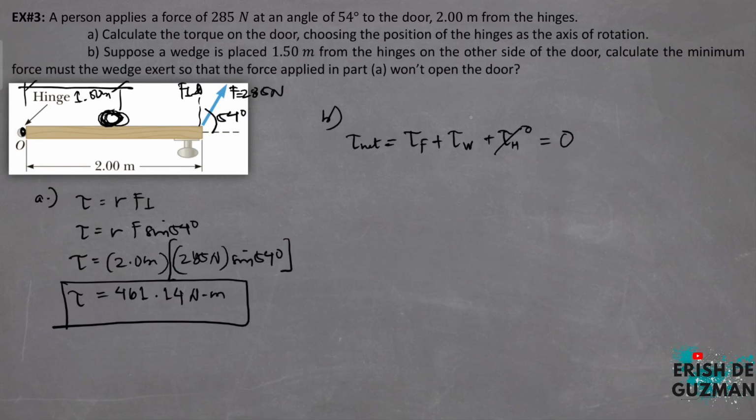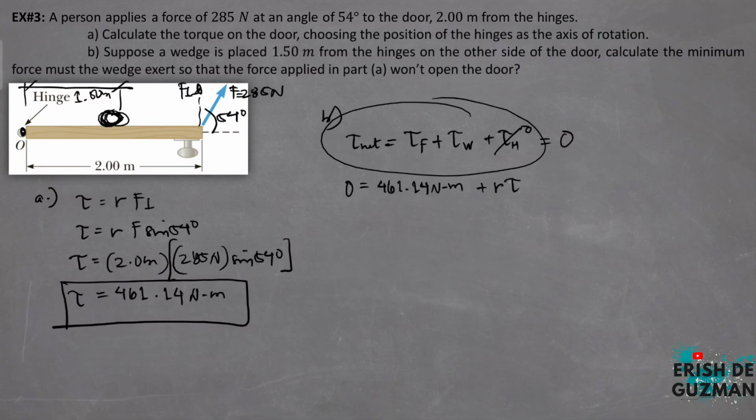Again, using this equation na 0 yung net torque, 0 equals yung torque ng force applied is 461.14 Newton meters plus yung torque ng wedge, radius ng wedge, we have 1.5 meters times yung force ng wedge. Ito yung force ng wedge, pag ganyan siya. Kasi pakontra siya dun sa force applied, siya yung pipigil dun sa pinto para hindi na gumalaw or hindi na mag-open.